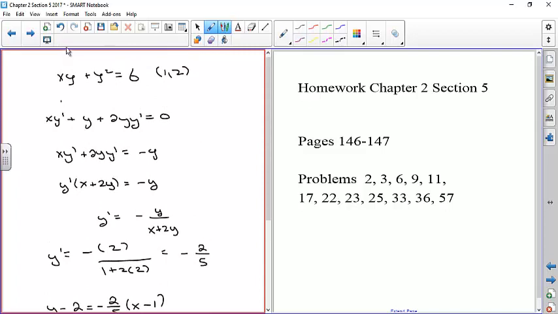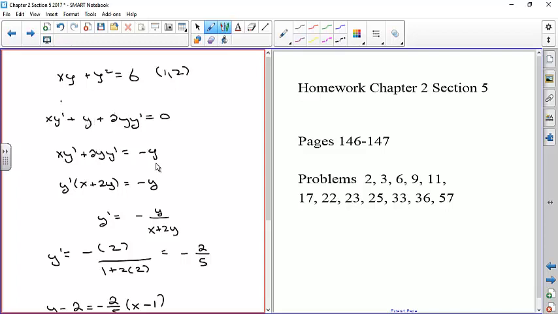So we use the product rule on this. You take the first term times the derivative of the second. Because the second part is y, the derivative of y is 1, but you multiply by y prime, so you get x times y prime. Then you have the derivative of the first part, which is 1, times the second part, which is y. The derivative of y squared is 2y times y prime. Derivative of 6 is 0.